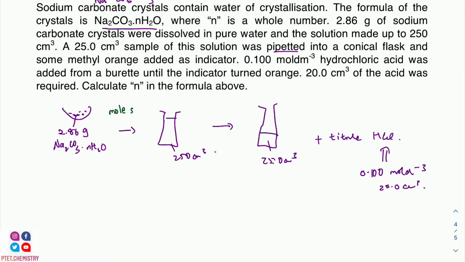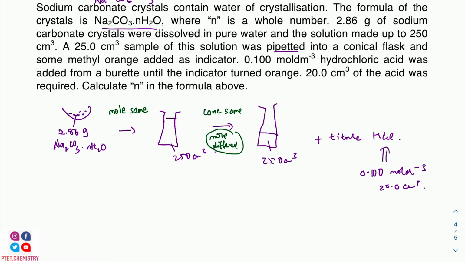Your mole is the same. I cannot talk about concentration being the same because this is a solid and this is a solution, alright? But the mole is the same. Here, the concentration is the same, but the mole is different because you are taking out 25 cm cube from 250 cm cube. So it's a conversion factor of 10 again. Because the concentration is the same, your mole is going to be a factor of the smaller volume over the bigger volume.